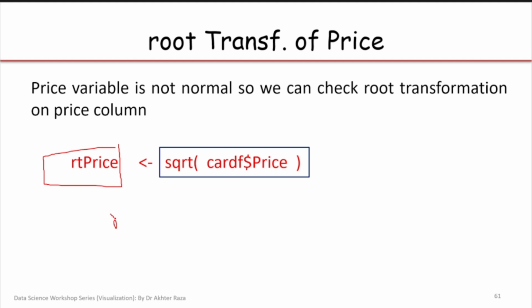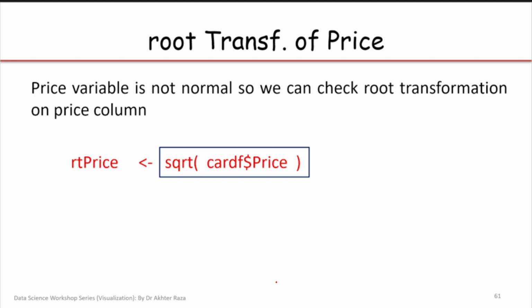I cannot use RT space price. This is invalid because it is assumed to be two variables: one is RT, another is price. So you should have a name which does not have any space.